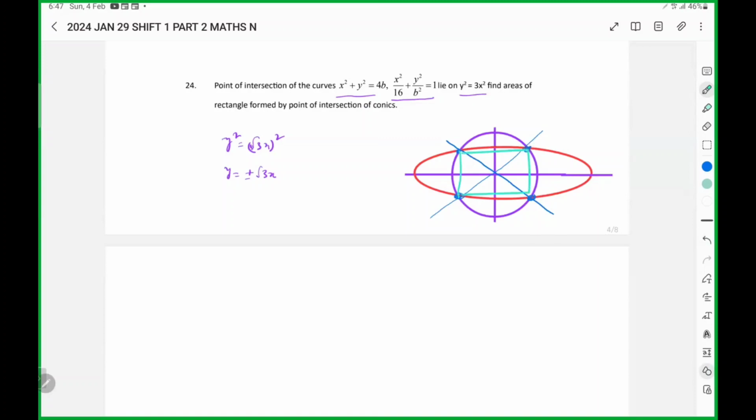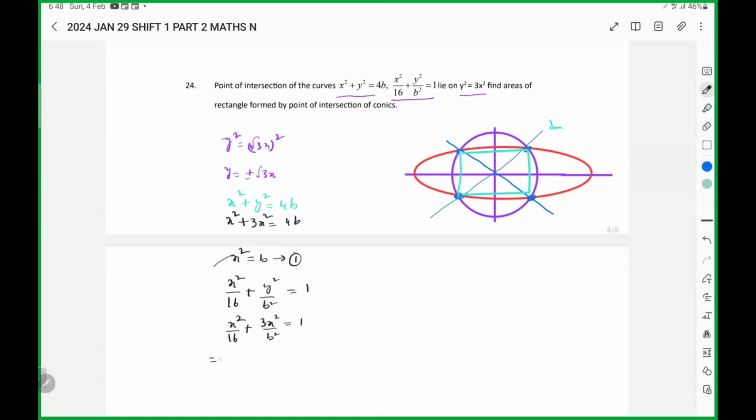So this line will intersect the circle. Once you put y square as 3x square, so x square is b, equation 7. The same line also lies on the ellipse.